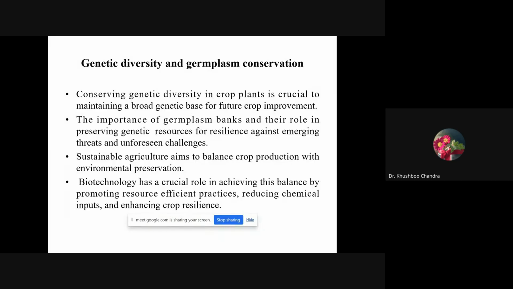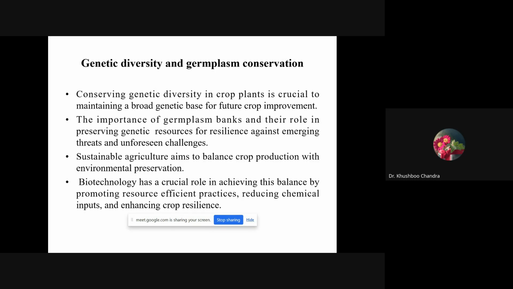I told you genetic diversity forms the foundation of all crop improvement programs, and germplasm conservation ensures that whatever variability or material you select, you ultimately conserve it. Whenever you think of crop improvement, modernization techniques, variety development, diversity and conservation, these are two sides of a coin which run together, right?